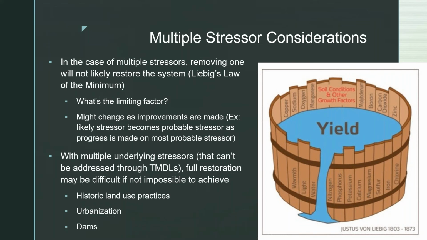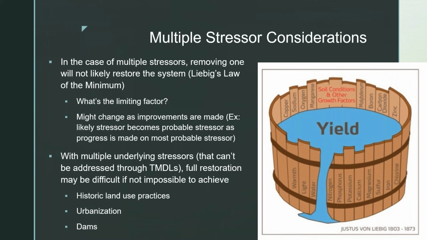But it also means that once we address that one stressor, we may not see full restoration of the ecosystem because there's multiple stressors. While we may see some improvements if we first address the most severe stressor, those improvements may have limits. Okay, we may improve from a VSCI score of 30, maybe up to a 50. But maybe we haven't fully restored that particular ecosystem because there's another stressor involved.